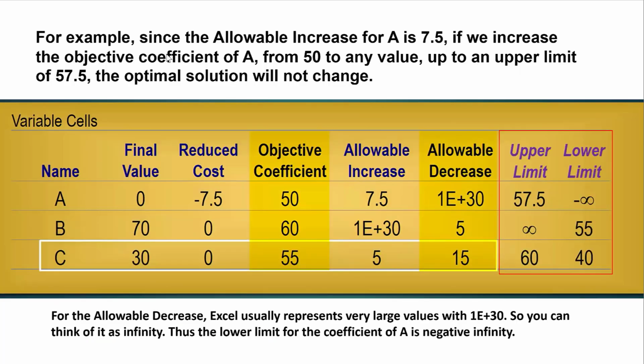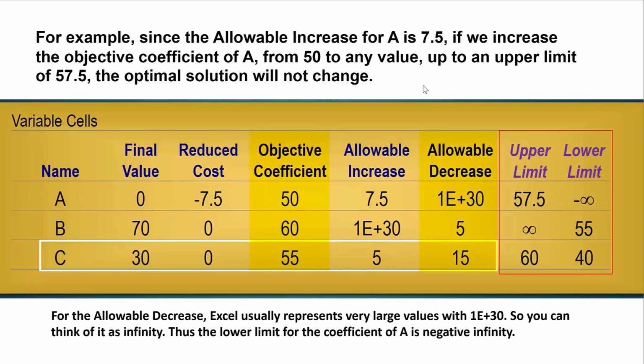For example, since the allowable increase for A is 7.5, if we increase the objective function coefficient of A from 50 to any value up to the upper limit of 57.5, the optimal solution will not change.